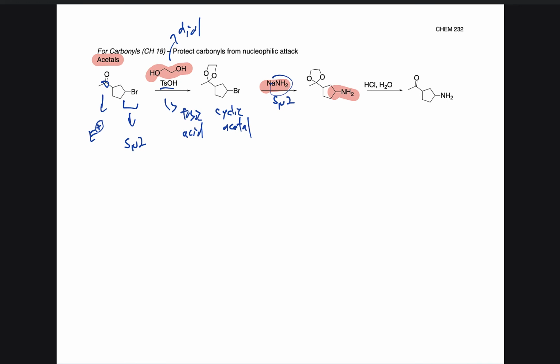So by protecting the carbonyls we've done here, to make our cyclic acetal, the carbonyl is no longer reactive. It's not a carbonyl anymore, but we've made it a non-reactive group. We've added this protecting group, so it is no longer reactive.